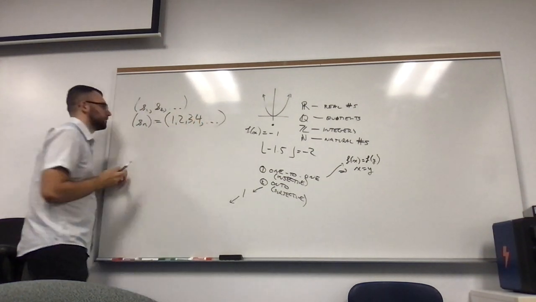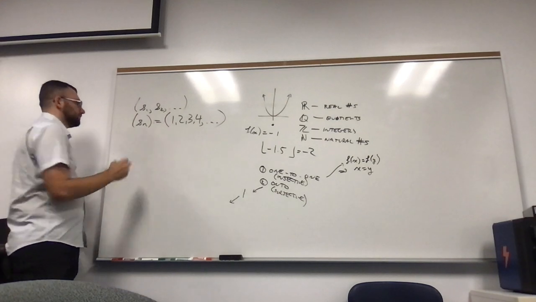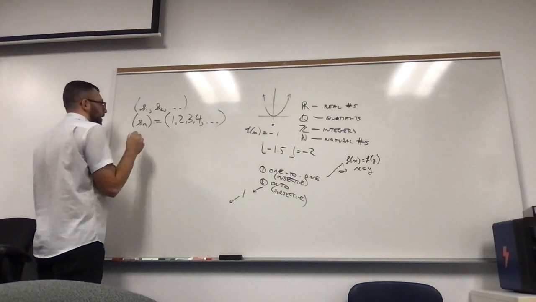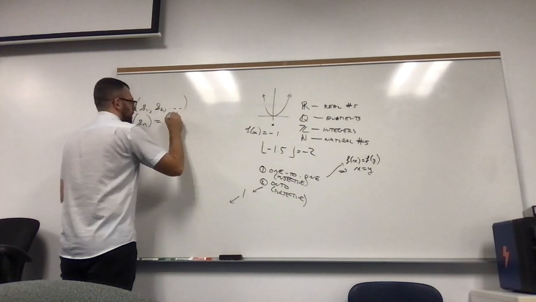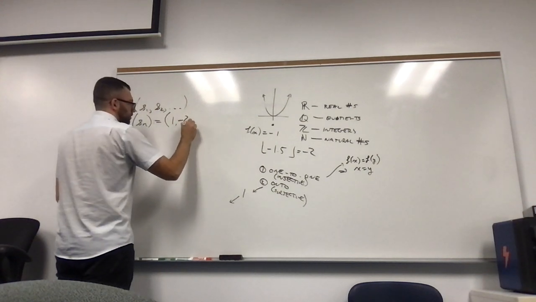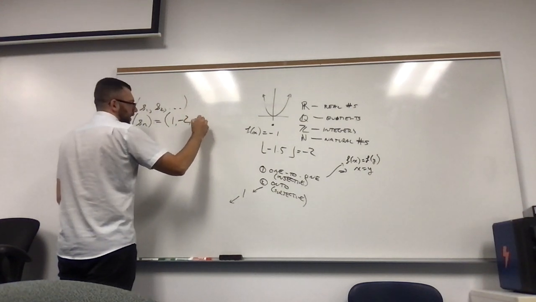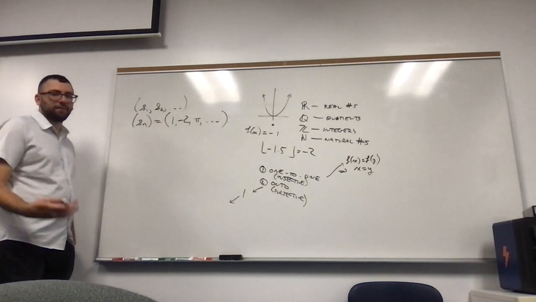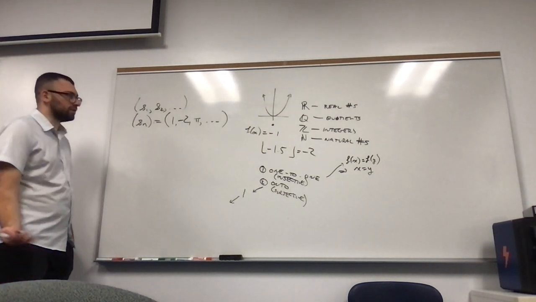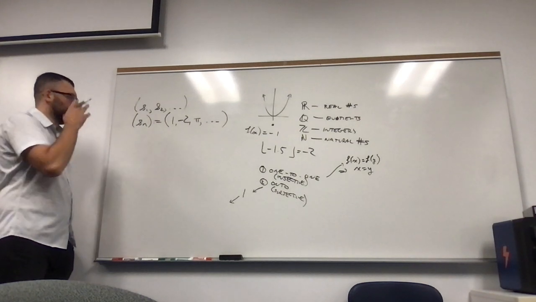Very basic sequence. Maybe actually I'll change it to, let's say it's 1, -2, pi, something. They don't have to follow a pattern, they usually do, but they don't have to.